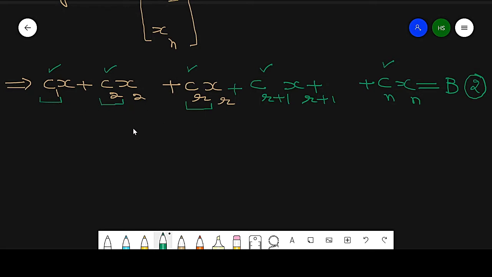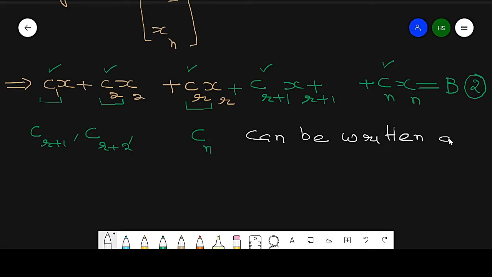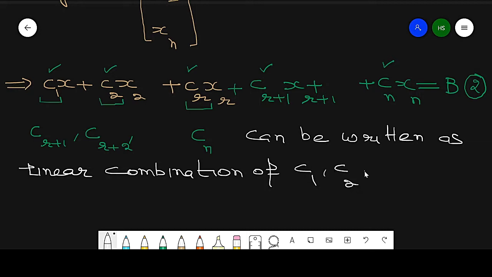So we can say that CR plus 1, CR plus 2, and so on up to Cn can be written as a linear combination of C1, C2, and so on up to CR, because these are linear independent vectors, but the others are linear dependent vectors.